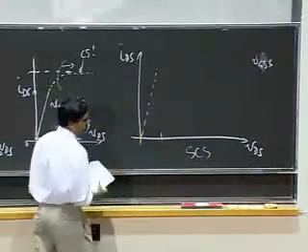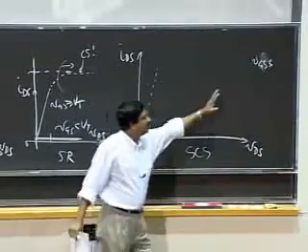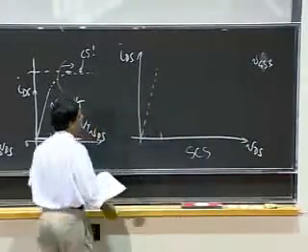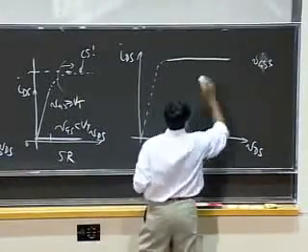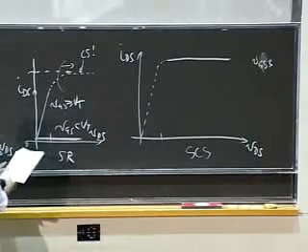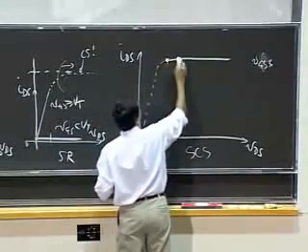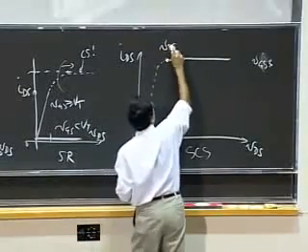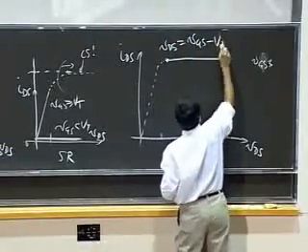It's going to look like a resistor until VDS becomes equal to VGS3 minus VT, and after that it begins to look like it saturates out and begins to look like a current source. And this point is where VDS becomes equal to VGS minus VT.